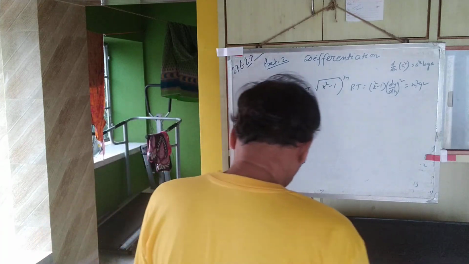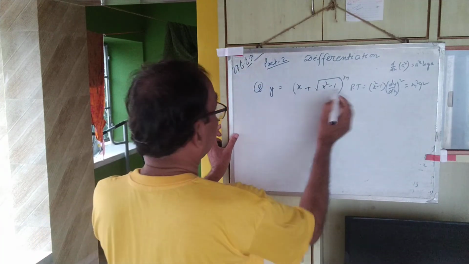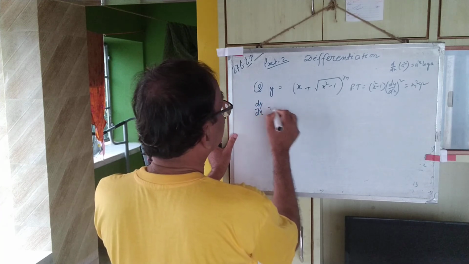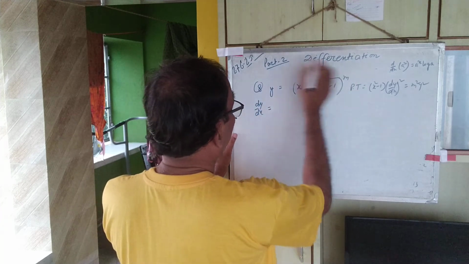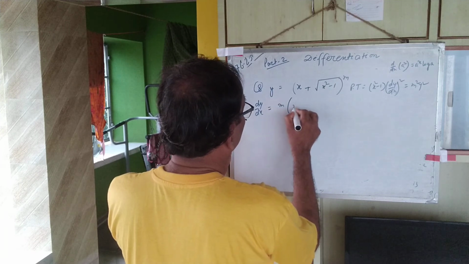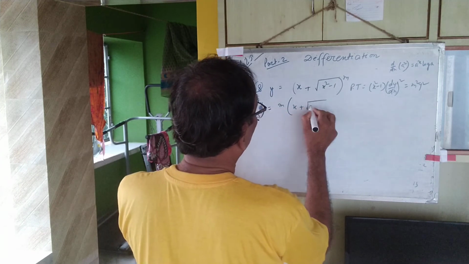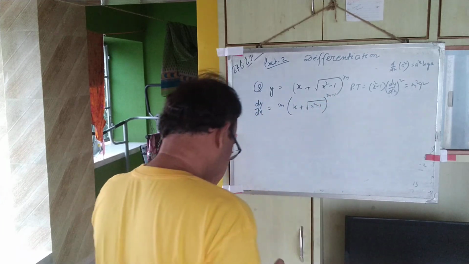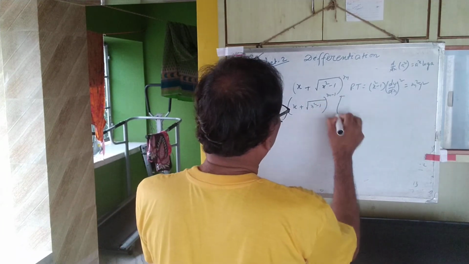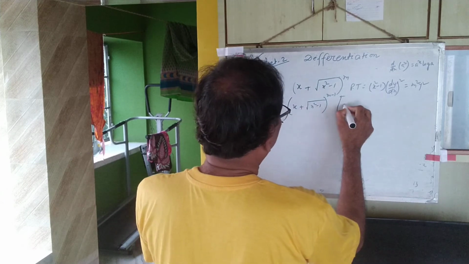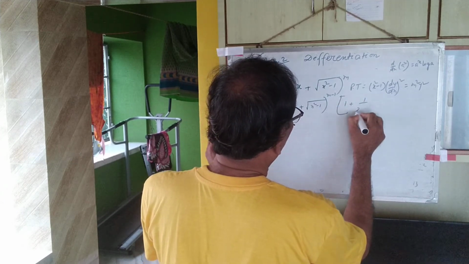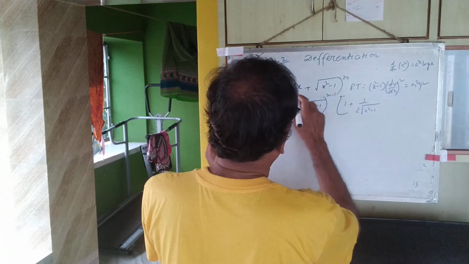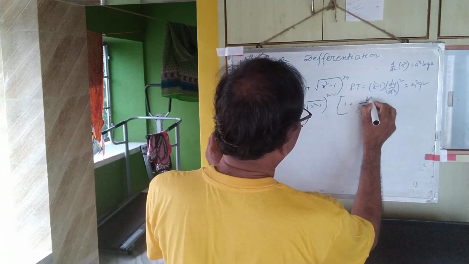First we have to differentiate it. So dy by dx, the power will come again: m (x plus root over of x square minus 1) whole to the power m minus 1. Then the inner derivative: 1 plus 1 by 2 root over of (x square minus 1) into 2x.